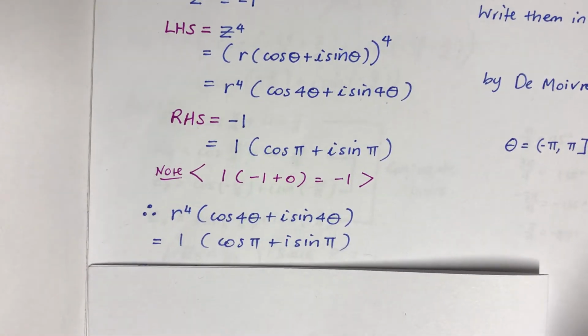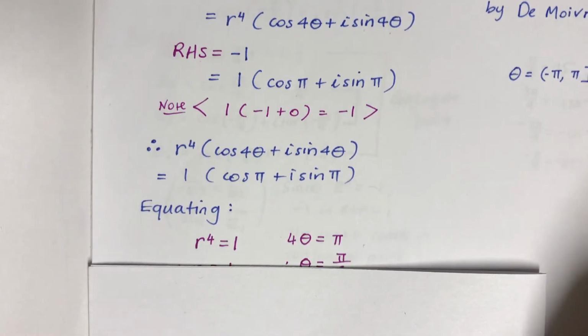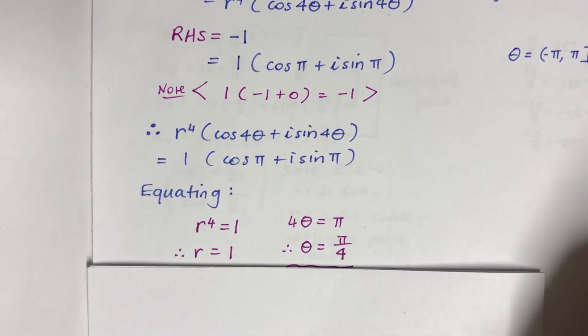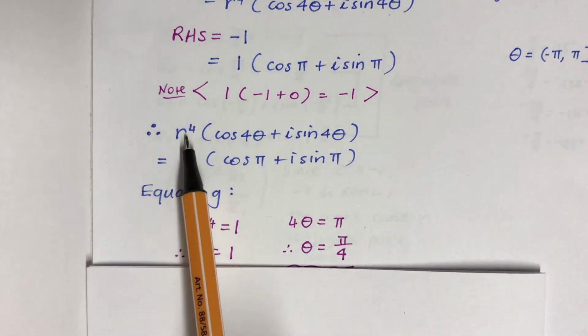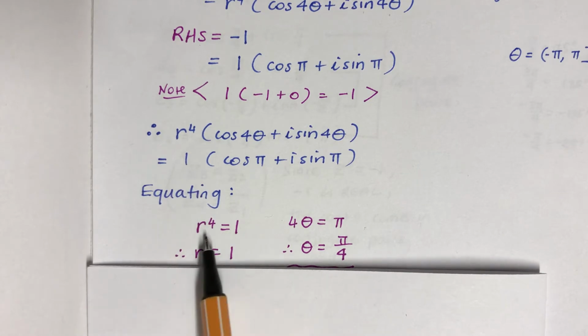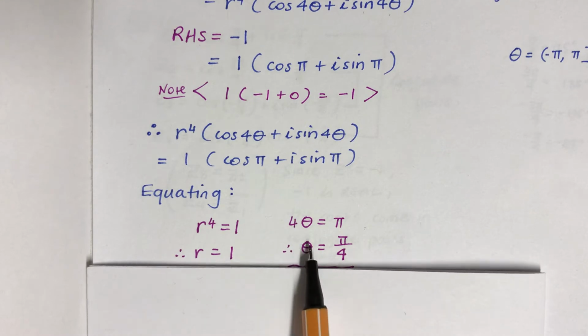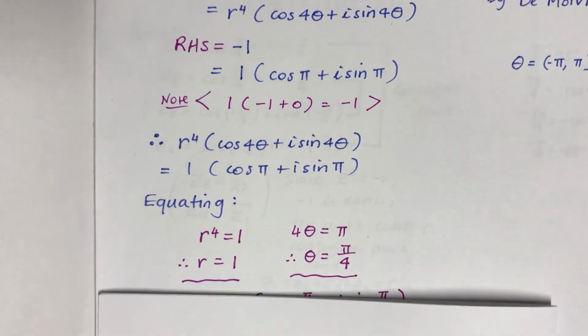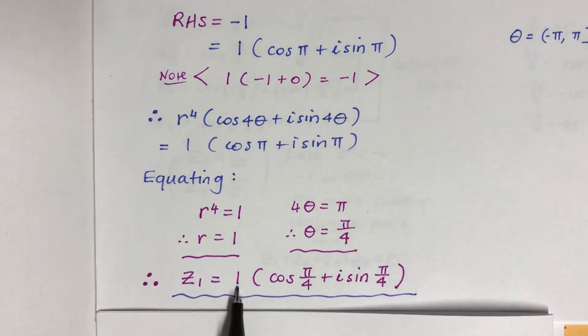Equating them, I get r to the power of 4 equals 1, and 4 theta equals pi, so I can make theta the subject, and r equals 1. Therefore my z1 is 1 brackets cos pi over 4 plus i sin pi over 4.